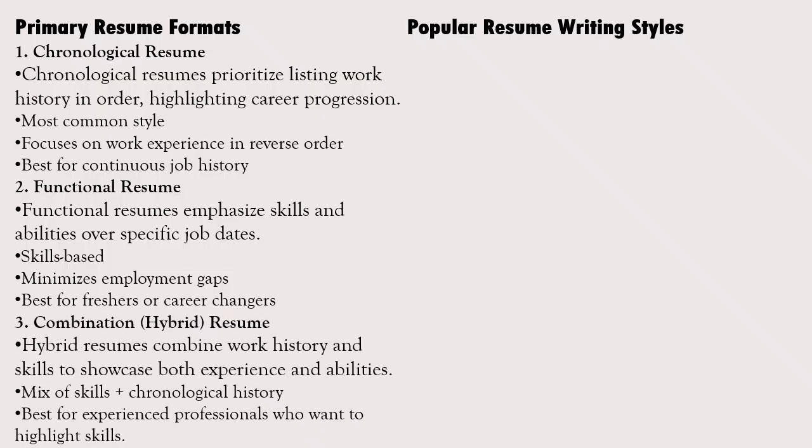And there is a hybrid kind of mixture of both chronological as well as functional resumes. Hybrid resumes combine work history and skills to showcase both experience as well as abilities. So we can have a mix of skills as well as the chronological history. It is very best for experienced professionals who want to highlight their skills.